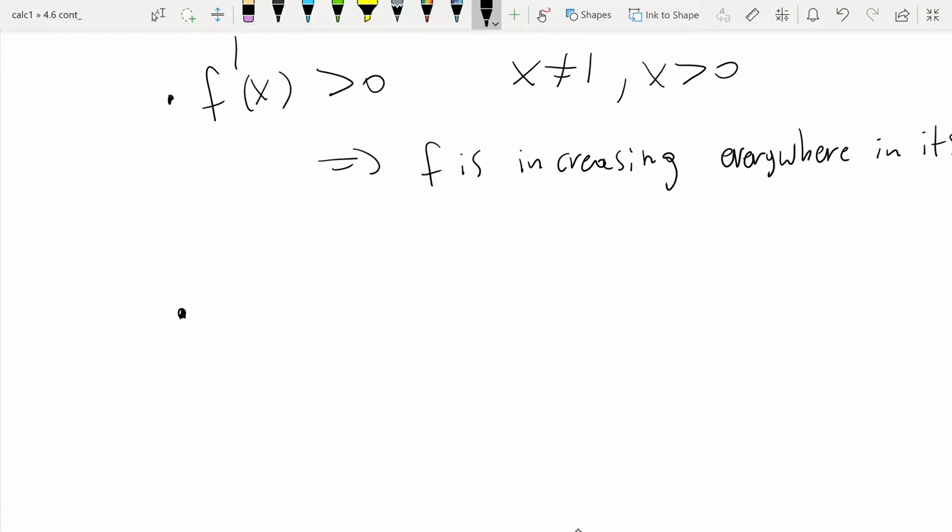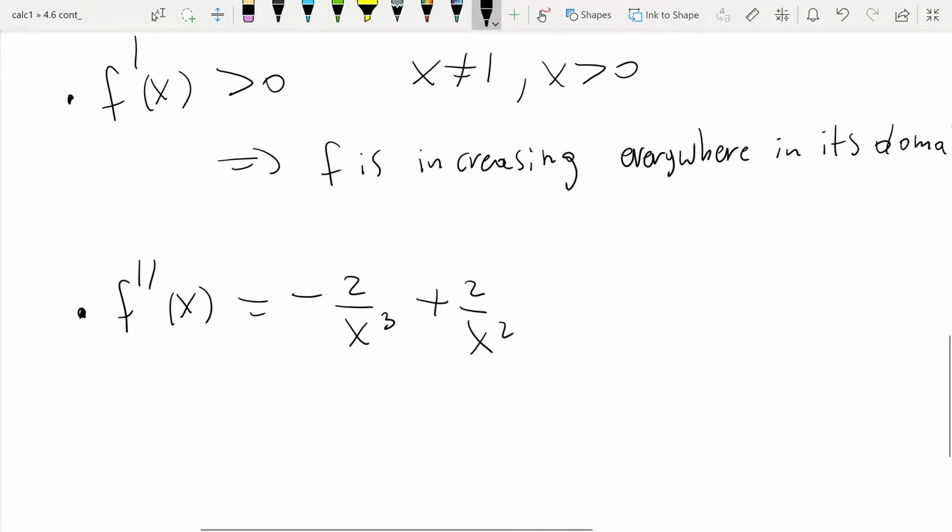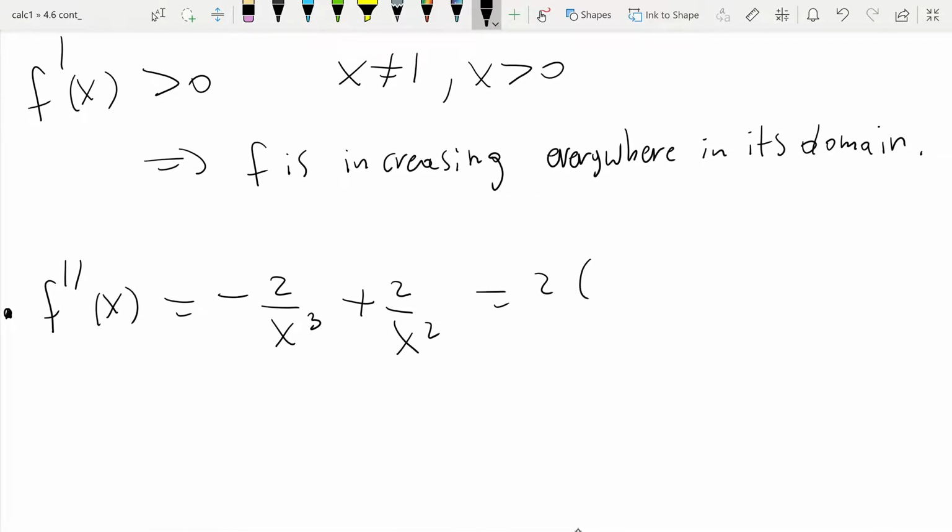Now we need to retrieve the information about f double prime. f double prime is now minus 2 over x cubed plus 2 over x squared, which is equal to 2 times x minus 1 over x cubed.